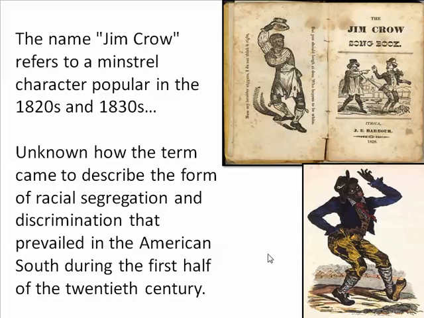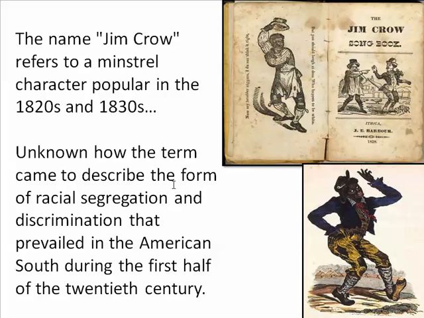And white people would dress up like African Americans and jump around the stage, and their face would be painted black, but around their eyes and mouth would be white. And they would act like black people and talk like, "Hello, massa, how's you?" And it brought out stereotypical understandings of African Americans. And it's unknown how the term got associated with what we're studying now, racial segregation and discrimination in the South.